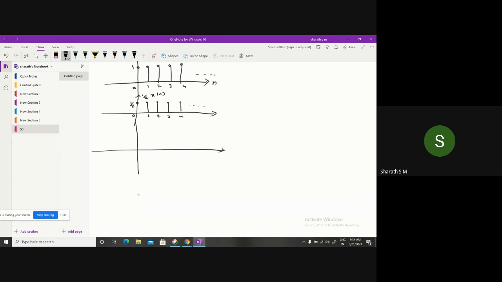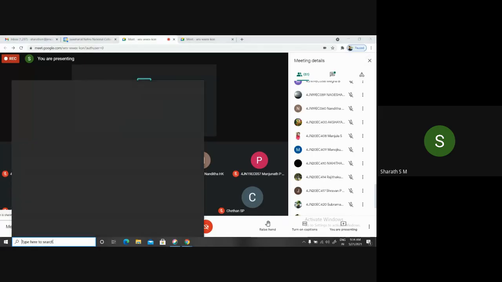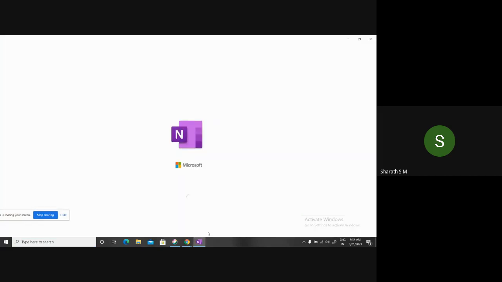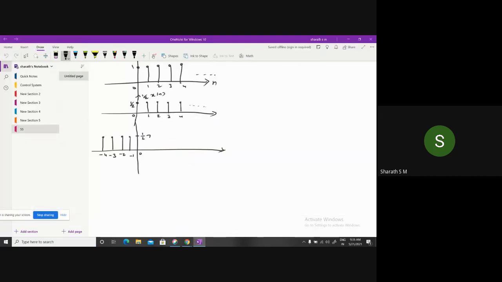The signal runs from minus infinity to 0, through minus 4, minus 3, minus 2, minus 1, 0, with amplitude level 0.5. To write down the even part, we perform the addition of these two. To write down the odd part, we perform the subtraction of these two. So what happens if we add the two?